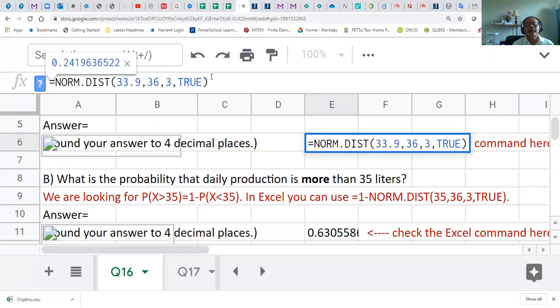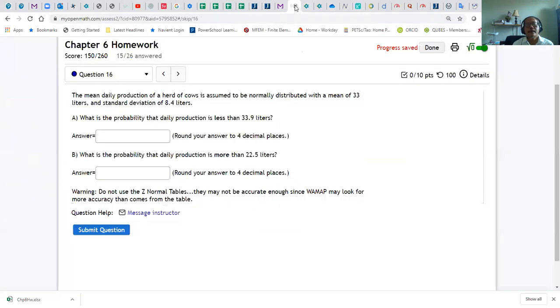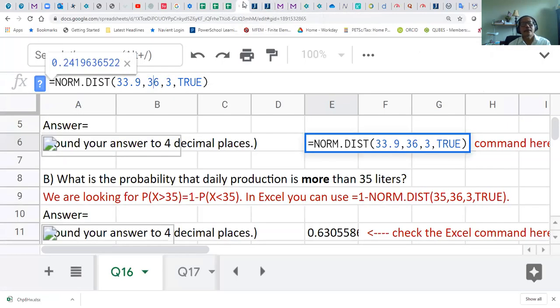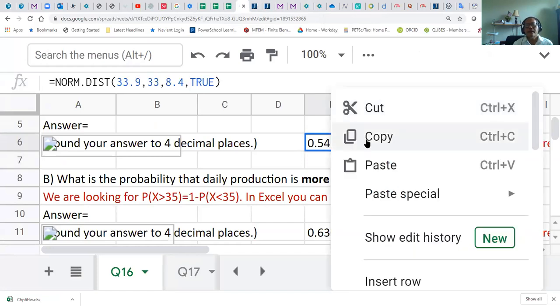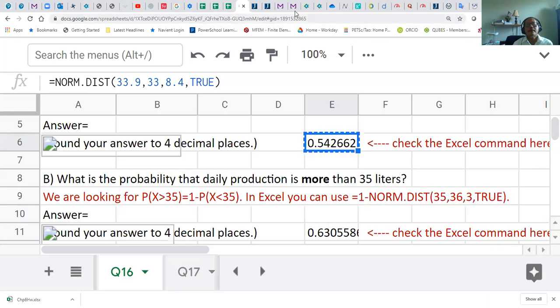And the mean is 33. The standard deviation is 8.4. So this is the answer for the first question.